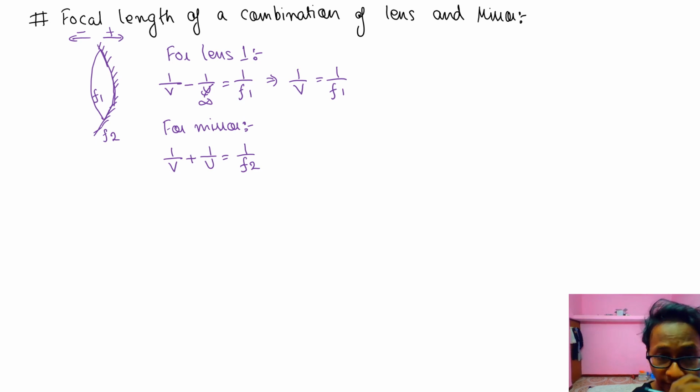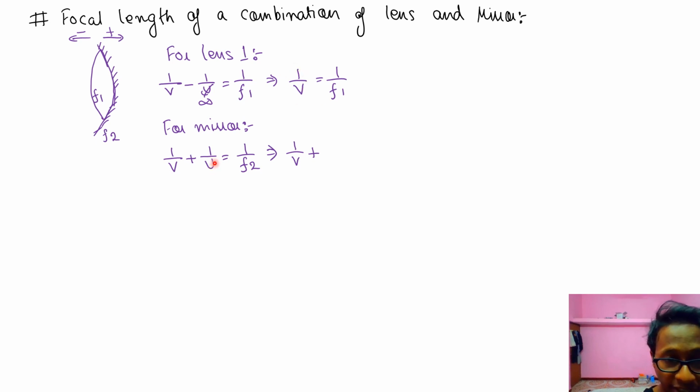So what is 1 by v? Let's take the focal length of the mirror as negative, or positive, we'll substitute later in the formula. 1 by v plus what is 1 by u? 1 by u is nothing but this, because the image of the lens acts as an object for the mirror.